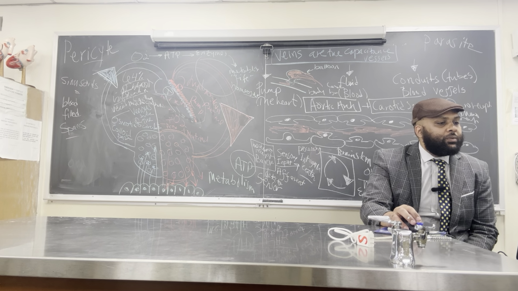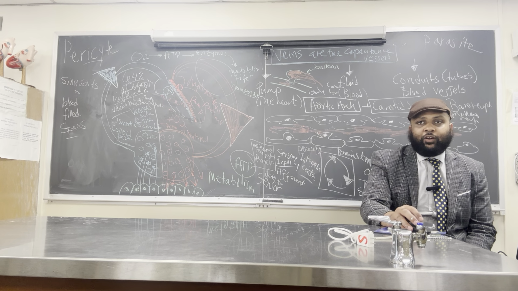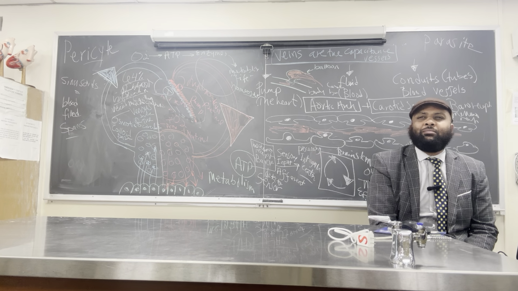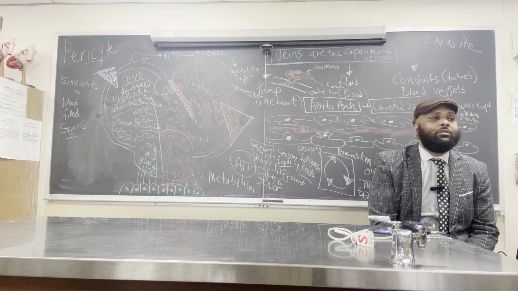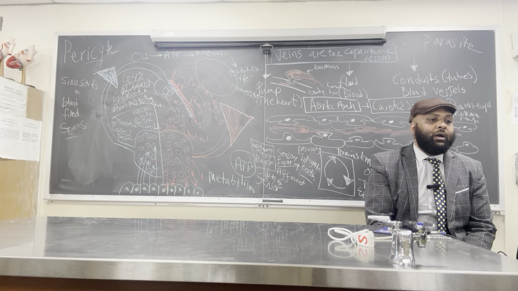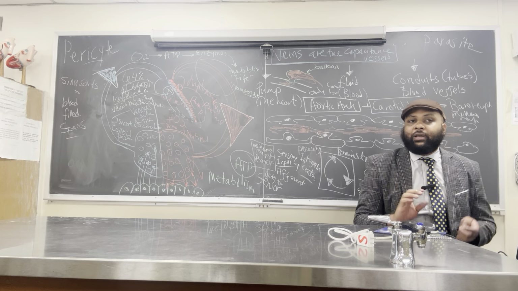Now, the skeletal muscle pump is something that is very important for us to know. How does the skeletal muscle pump work? The skeletal muscle pump operates by contracting in order to propel the blood upward.